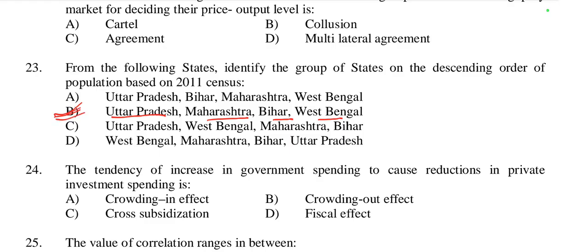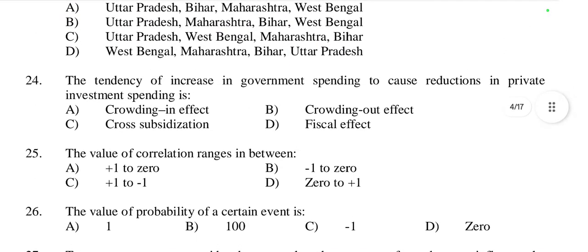So option B is right here. Then question number 24. The tendency of an increase in government spending to cause a reduction in private investment spending is called the crowding out effect. Government spending rises and private investment falls, so it is called the crowding out effect.